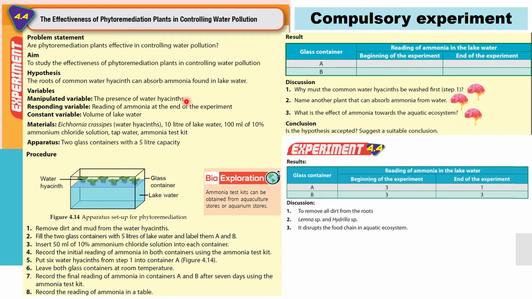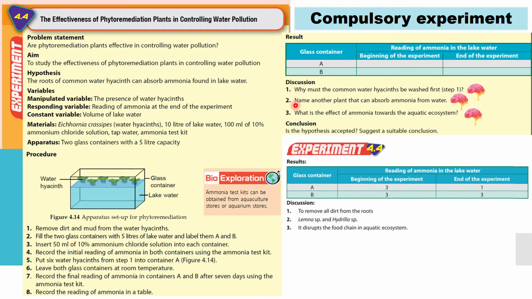Then you have to look at the manipulated variable. This must be the cause of the reduction of the ammonia reading, and that is because of the presence of the common hyacinth. As a phytoremediation plant, that means the roots of this water hyacinth are able to absorb this ammonia, resulting in the decrease of the value at the end of the experiment.